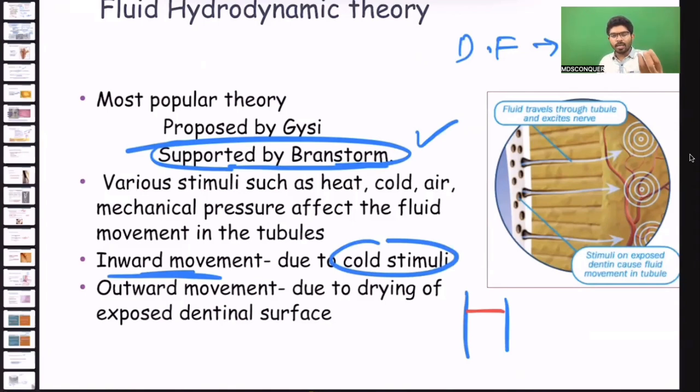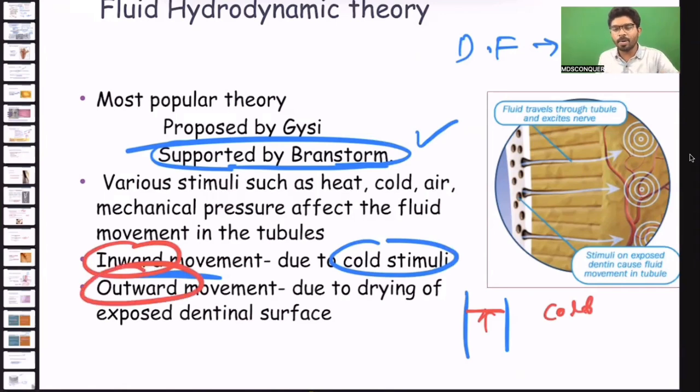When you heat it, water level rises or falls? Rises. So whenever there is a cold, there will be inward movement. Whenever there is a heat or drying, there will be outward movement. Simple concept. As of now, Orban's has given these lines: inward movement during cold stimulus, outward movement during drying or heat stimulus. Clear?